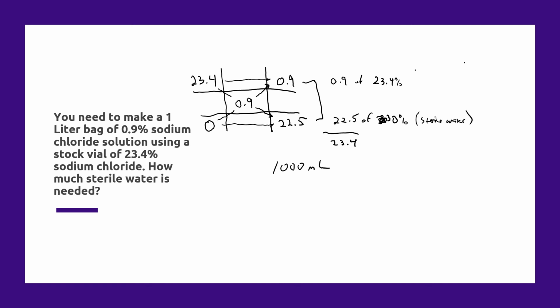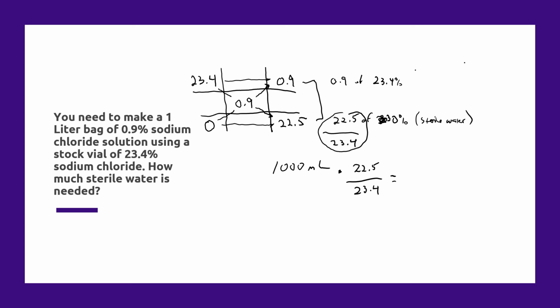So then we can solve this by taking the 1,000 milliliters of our 0.9% that we need and multiplying that by this fraction here. This is the proportion of sterile water. So we'll multiply that by 22.5 over 23.4.